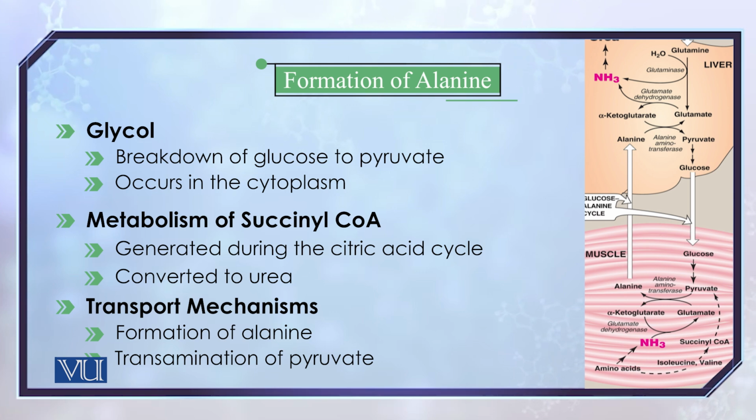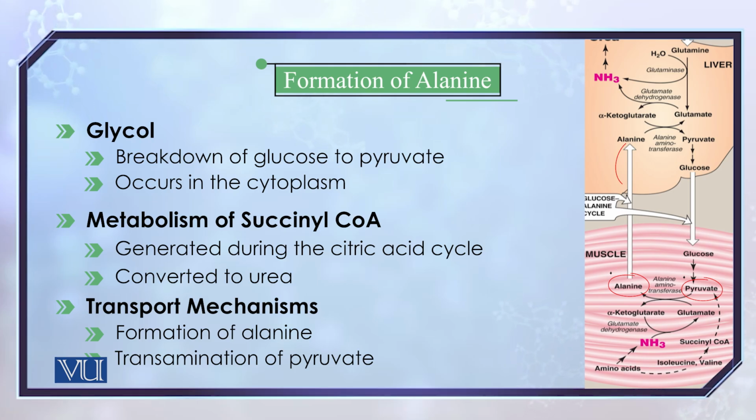For instance, the pyruvate which is formed is converted through the transamination process into alanine. The alanine then, because it contains ammonia, goes into the liver, because alanine is a harmless amino acid, so there is no problem in the movement of ammonia in the form of alanine towards the liver.